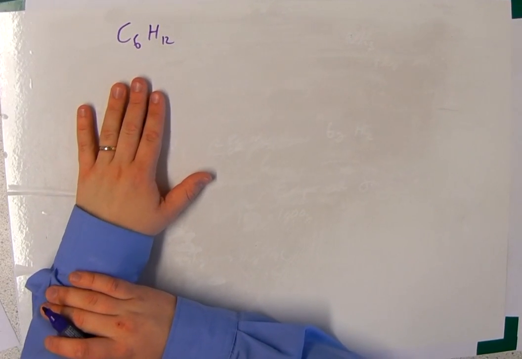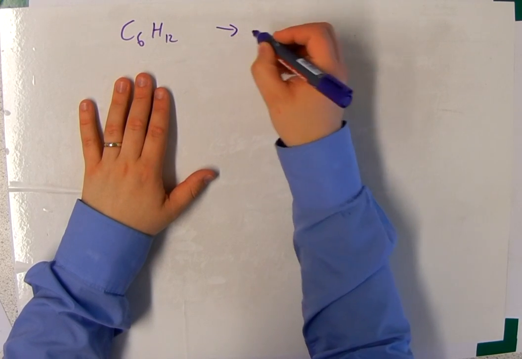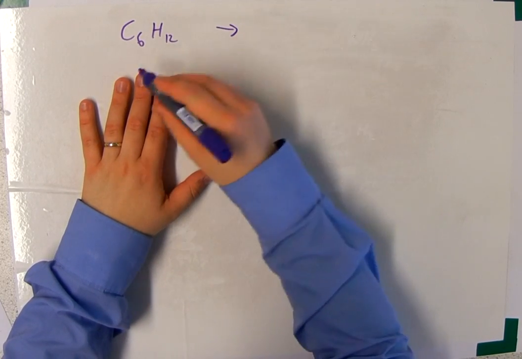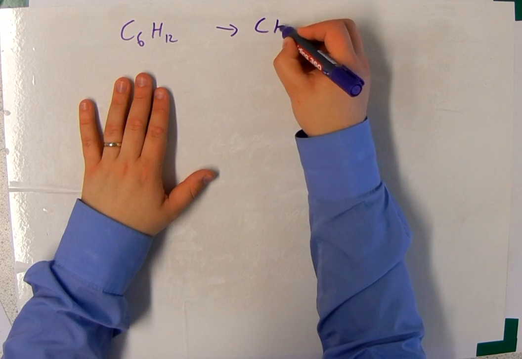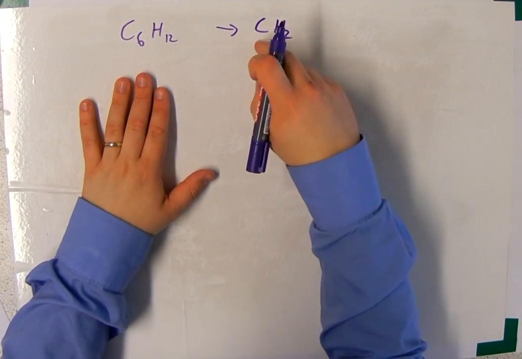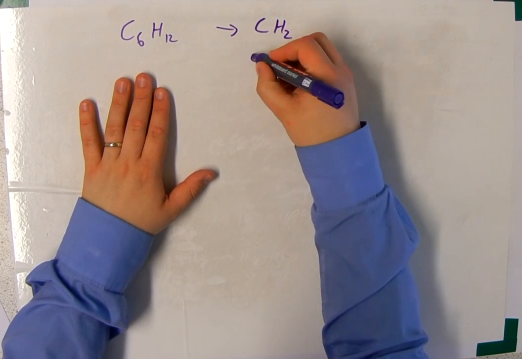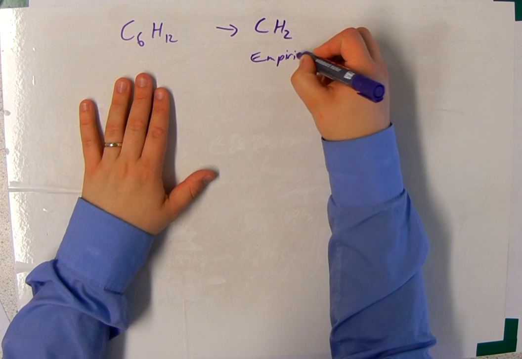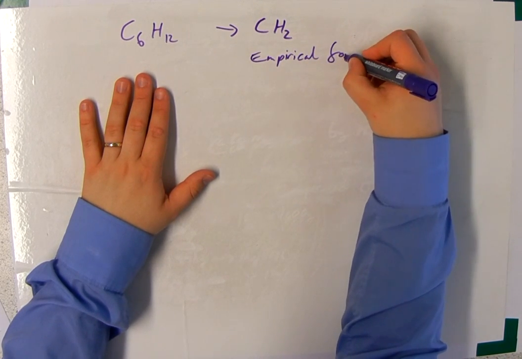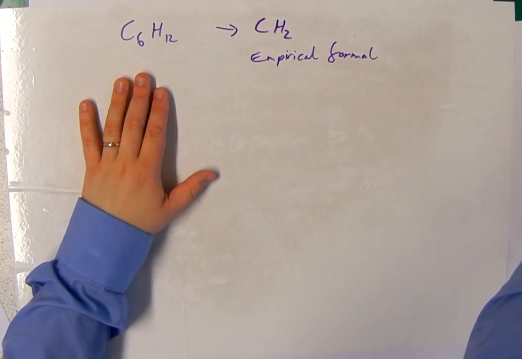That's its molecular formula. But actually its empirical formula is the simplest form of that, and we can cancel that down to CH2. That just tells us the ratio. For every carbon, there's 2 hydrogens. That is the empirical formula. Simplest possible option.